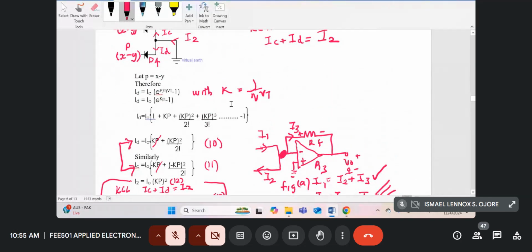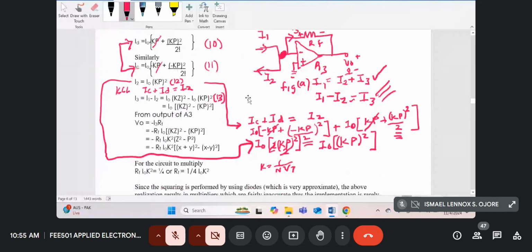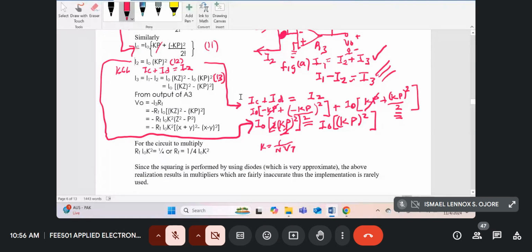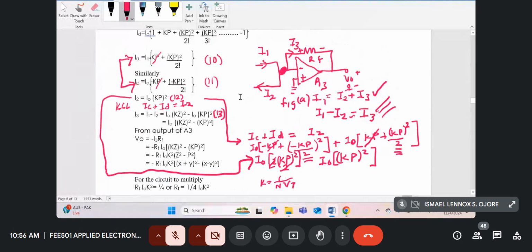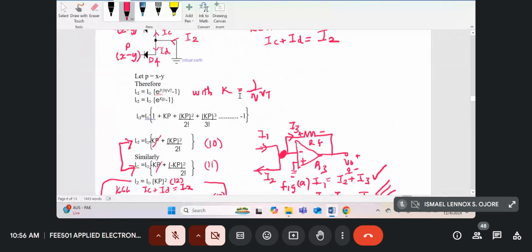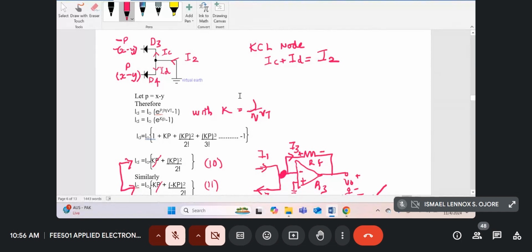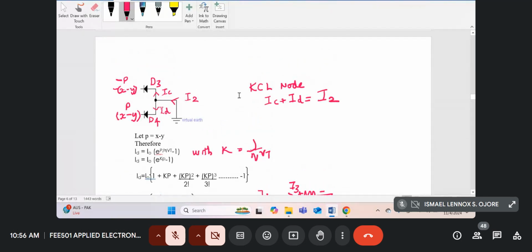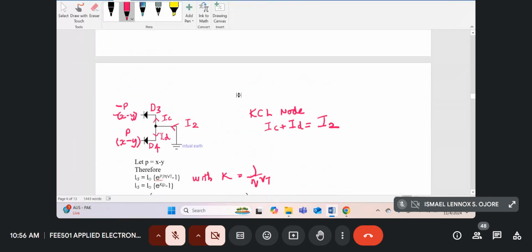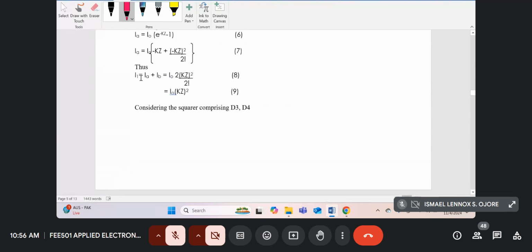Should be here somewhere. Okay, I1 is equation 8, equation 9. I1 is IA plus IB, which is I0 into KZ squared. So this was I1.